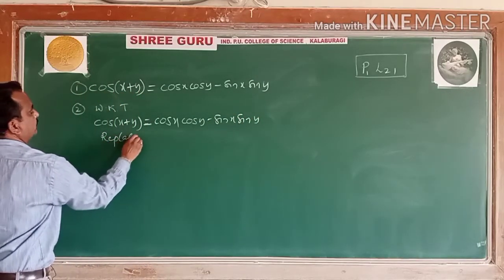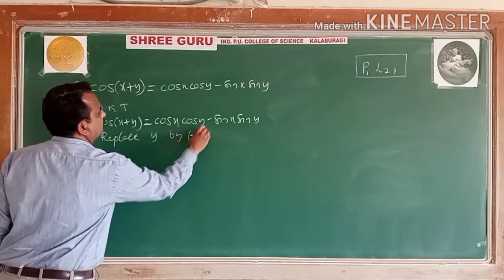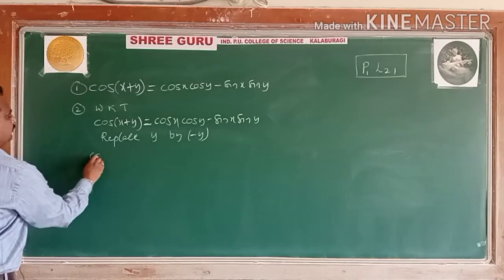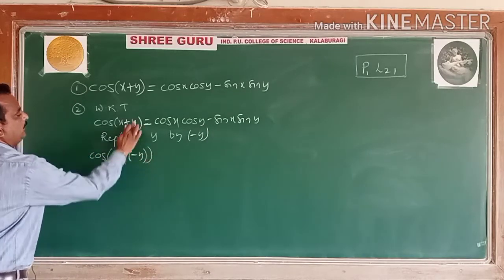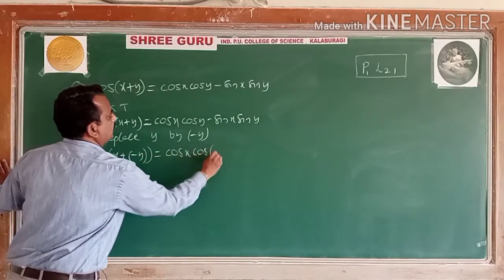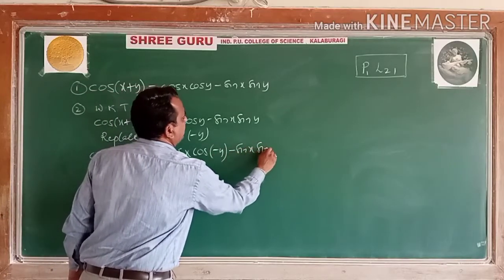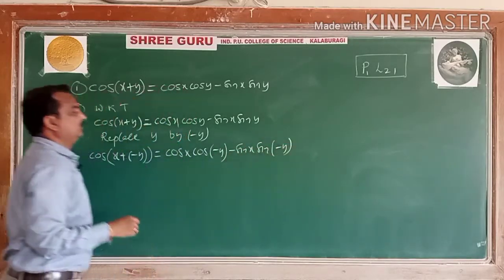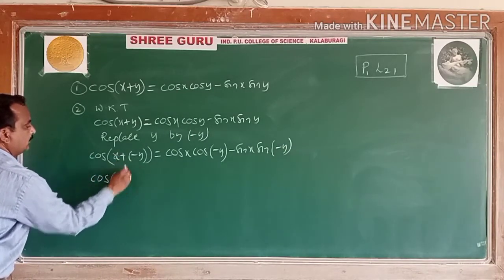Replace y by minus y. This becomes cos of x plus, wherever y is there, minus y: cos x into cos of minus y minus sin x into sin of minus y.